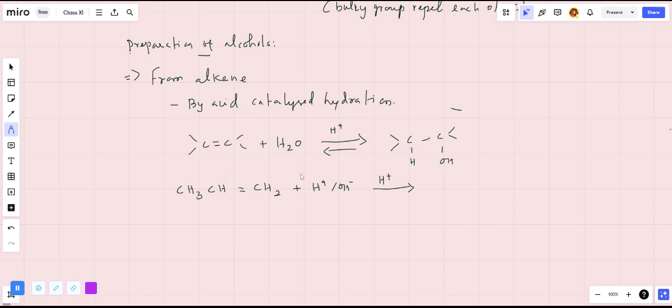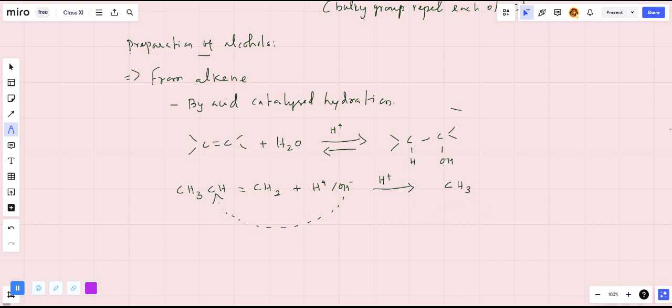Markovnikov's means this negative part adds to the less hydrogenated carbon. When you compare the two carbons of the double bond, whichever has less hydrogen, in that carbon only the negative part will attach. That is Markovnikov's rule. So in that case you will get CH3 CHOH CH3. That means the secondary product will be the major product.